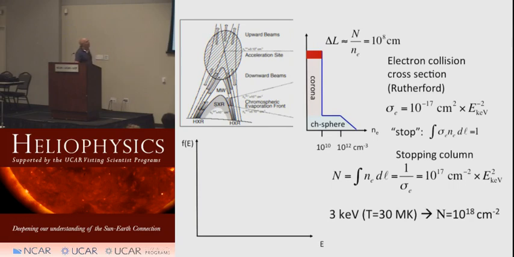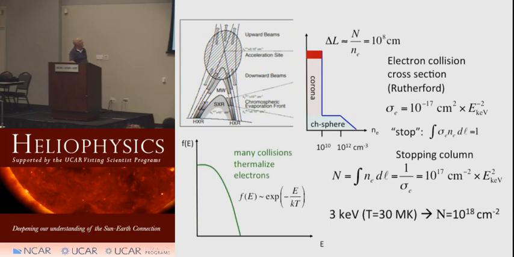So one hopes. So eventually the electron will lose its energy and basically just keep exchanging, or it's among a lot of 30 kilovolt electrons, and within this top 1 megameter, they're just exchanging with each other. And the ultimate outcome of such an exchange for particles is a Maxwellian distribution.